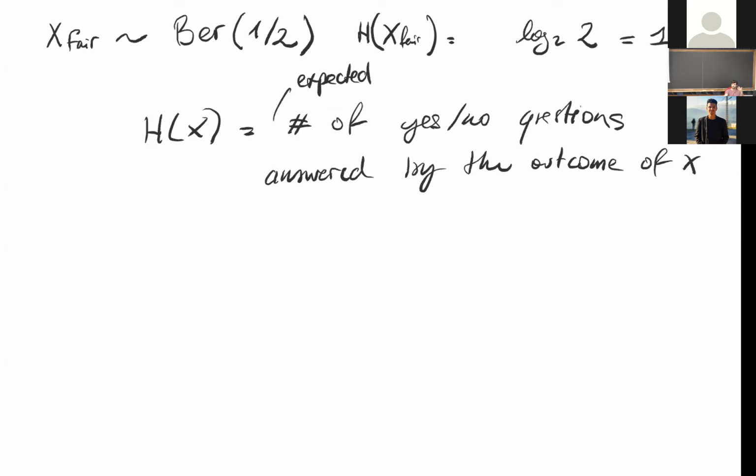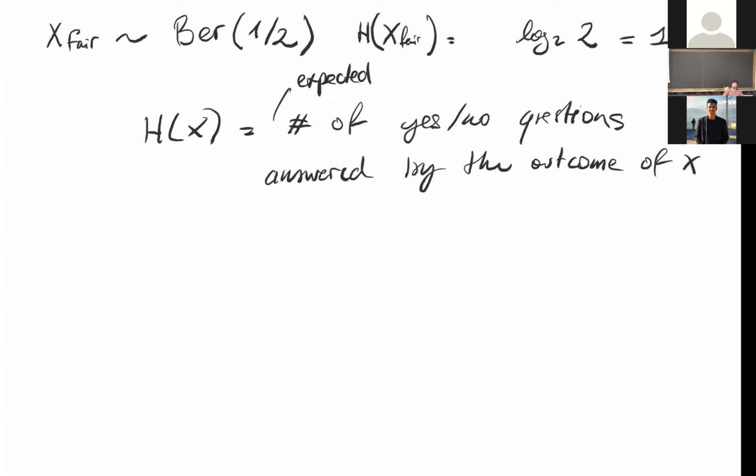So in the case of the fair coin, you gain exactly 1 bit of information. You answer exactly 1 binary question, because if I ask, has it been tails? You say no, then I have the answer. I don't need to ask more, just 1 binary question.